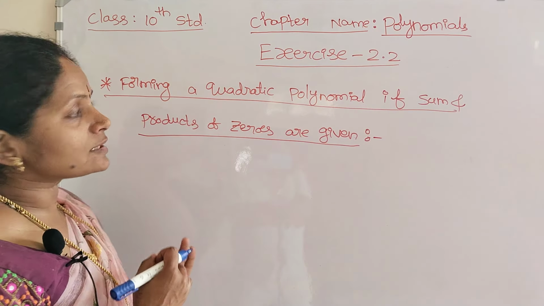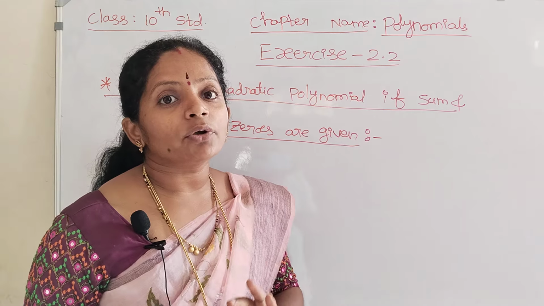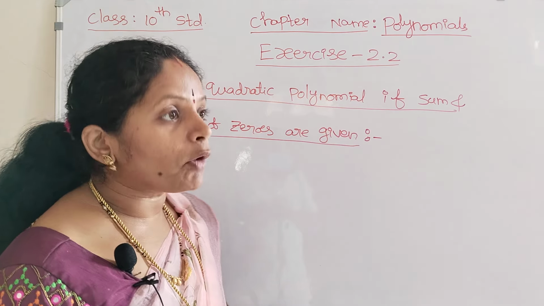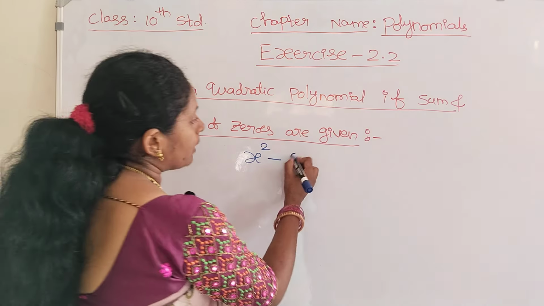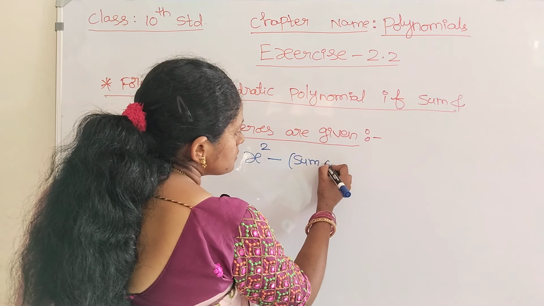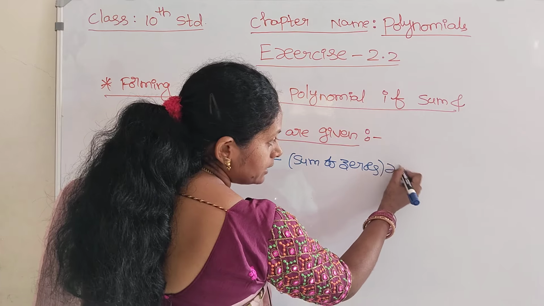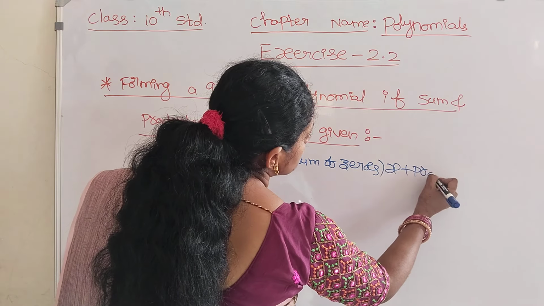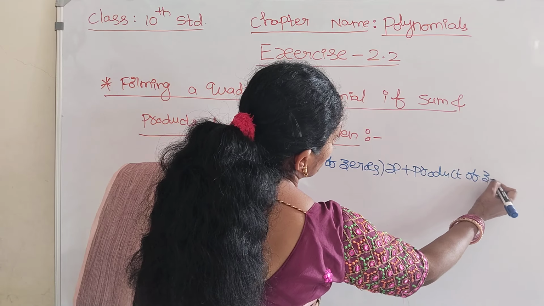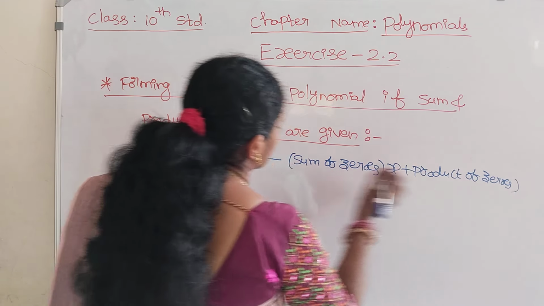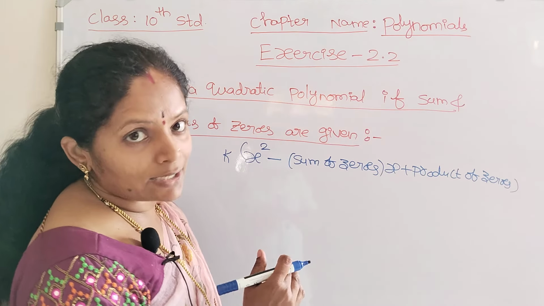Now let us discuss the second method, where we just use a formula: x square minus sum of zeros into x plus product of zeros, into k. Here k is any real number.